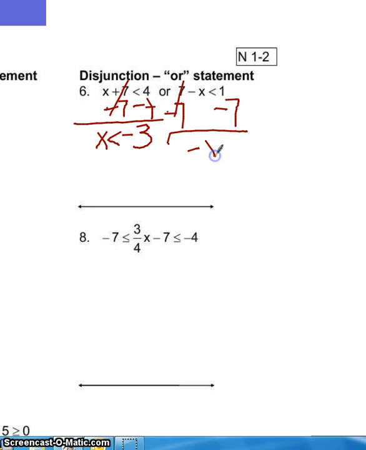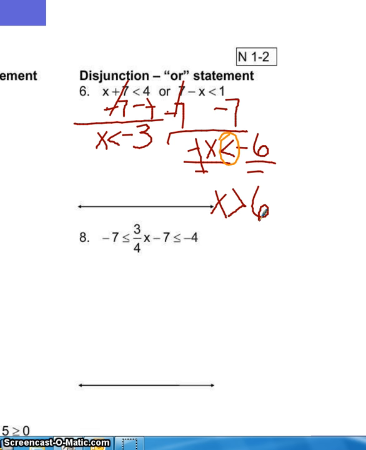And I get negative x is less than negative 6. What do I have to do now? X isn't by itself. It's with a negative. It's actually with a negative 1, correct? So what I must do is divide by that negative 1. And because I did that, what must I do? That's correct. Flip the inequality. So I have x is greater than 6.